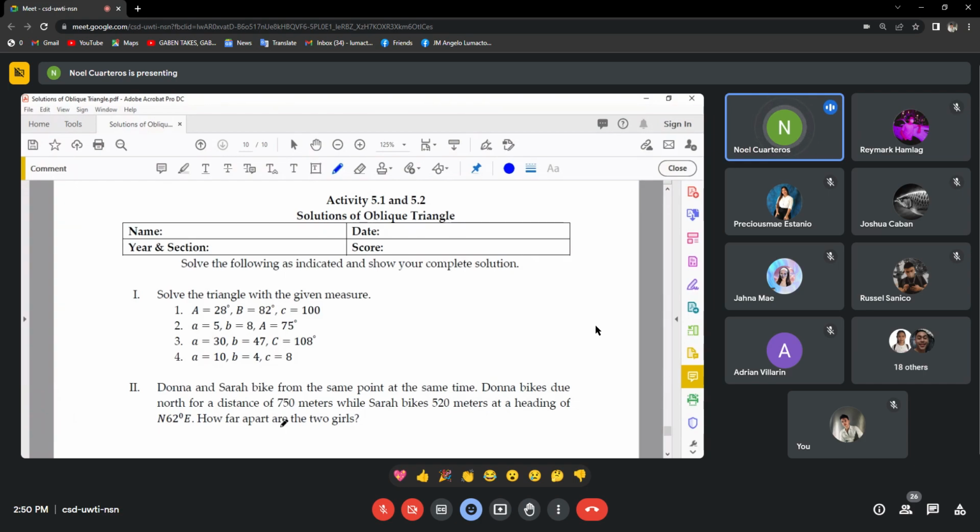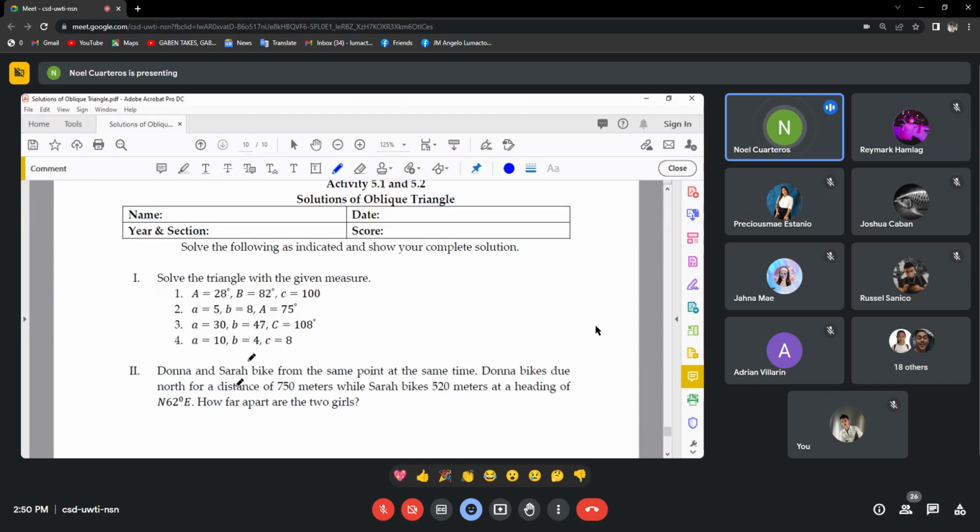Number 3 is an example of case number 3. Number 4 is an example of case number 4. Just follow the methods that I showed you earlier in solving them. And this is the same as the first two examples.